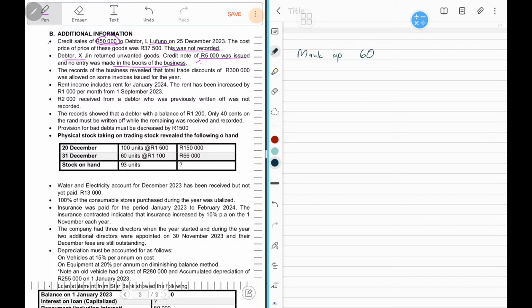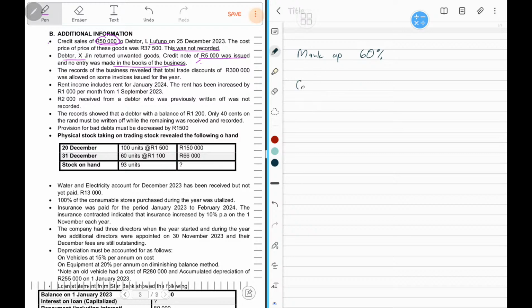Then when our markup is 60%, let's assume that we want to find the following. We want to find the net sales. Then we also want to find the original sales. Let me do it this way to show you how it works.